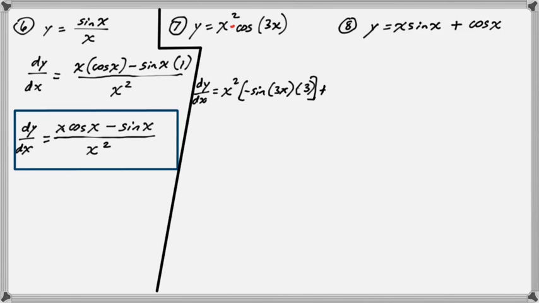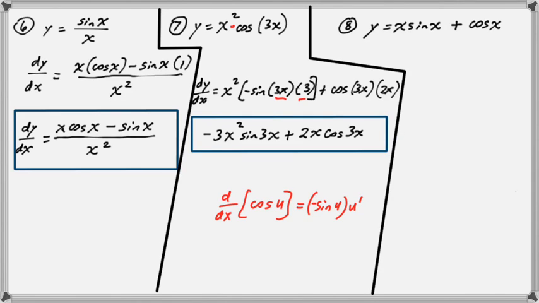Plus the other way around, bring the cosine of 3x down times the derivative of x squared, which is 2x. So I have negative 3 x squared sine of 3x plus 2x cosine of 3x. And that would be my dy dx.